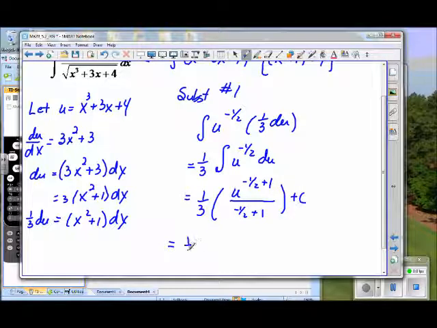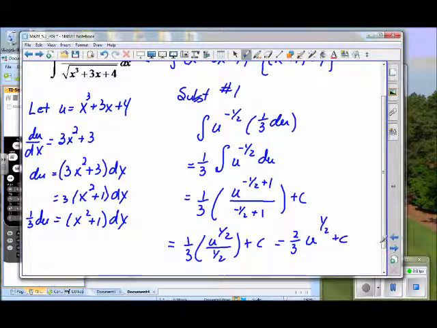Let's see, this is 1/3, and we have here u to the 1/2 divided by 1/2, which is negative 1/2 plus 1. Invert and multiply, so I'd have 2/3 u to the 1/2 plus c.